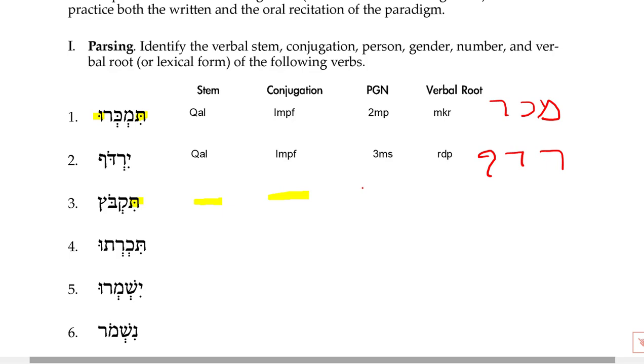I have third feminine singular or second masculine singular. With an exercise like this, it could be either one. In context, we will know which of these two it is normally. And then we've got qavats, so it's qof, bet, and tsade.